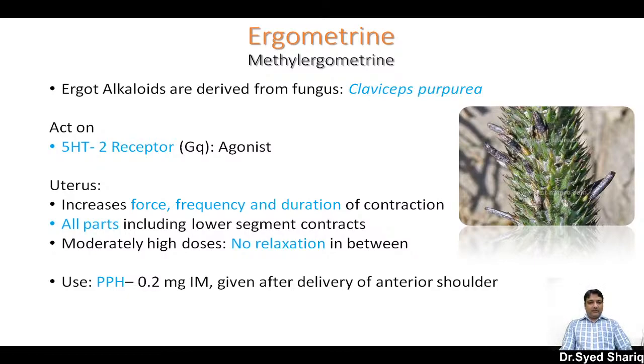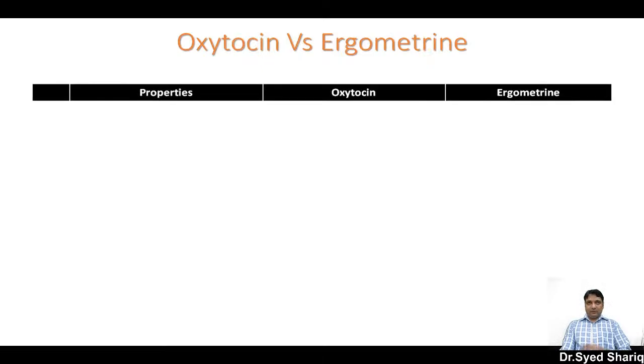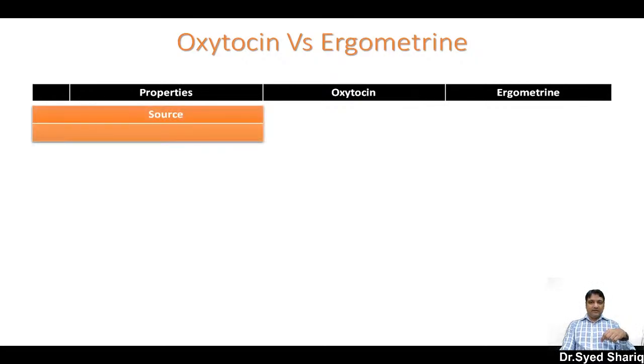Because it causes contraction in all the parts of the uterus, it is a very good choice after the birth. If the patient is having bleeding, then it can be given, and it's a good choice for these patients. Now, let's look at the difference between oxytocin and ergometrine.